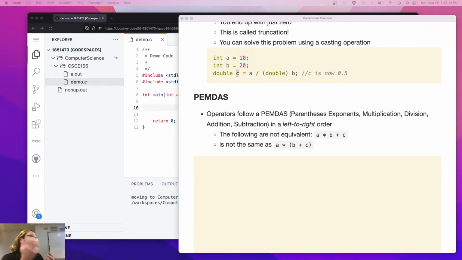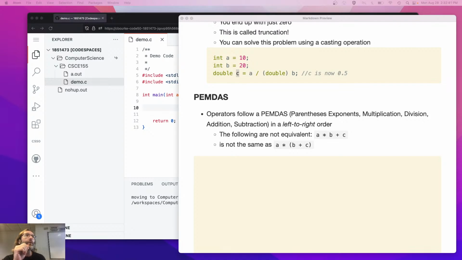Well, it's different for the same reason when you write out math. Parentheses interrupt the normal order of operations and make it so that the addition is done first and then the multiplication is evaluated. Otherwise, it's all left to right. That first one will multiply A times B, and then after that's done, it will add in C. It is not the same thing as adding B and C together and then multiplying by A.